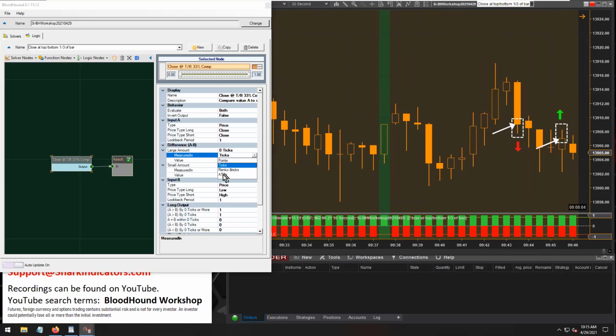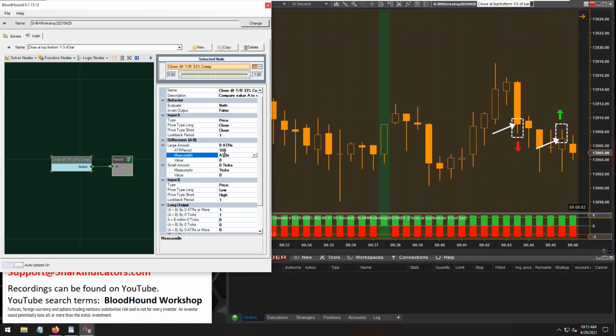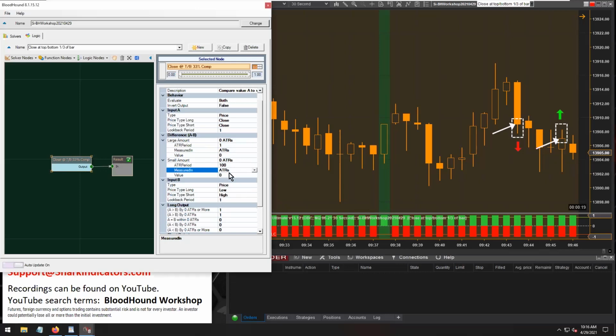we can use the ATR indicator function here and set it to an indicator period of 1. So an ATR 1 period. And we're going to set both the large amount and small amount to a 1 period ATR, and we can close that out.